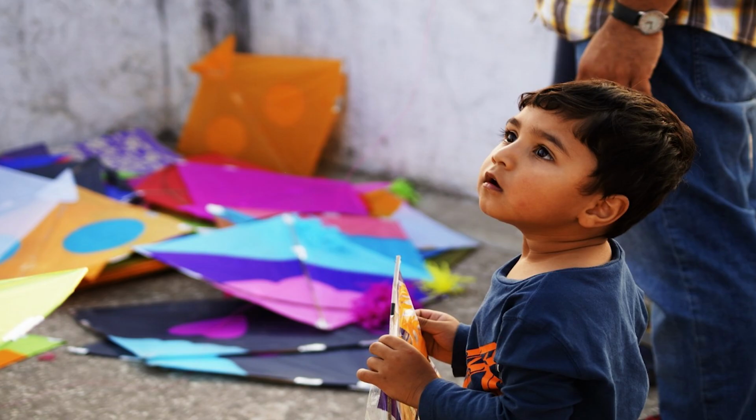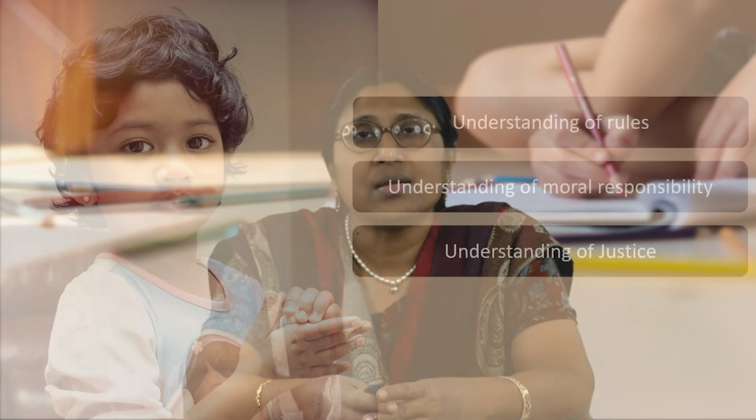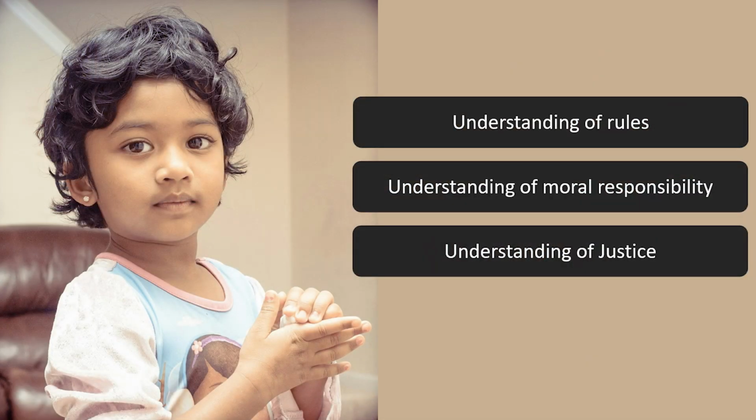There were universal stages to moral development. He emphasized three main aspects of children's understanding of moral issues. Number one, children's understanding of rules. Number two, children's understanding of moral responsibility. Number three, children's understanding of justice.